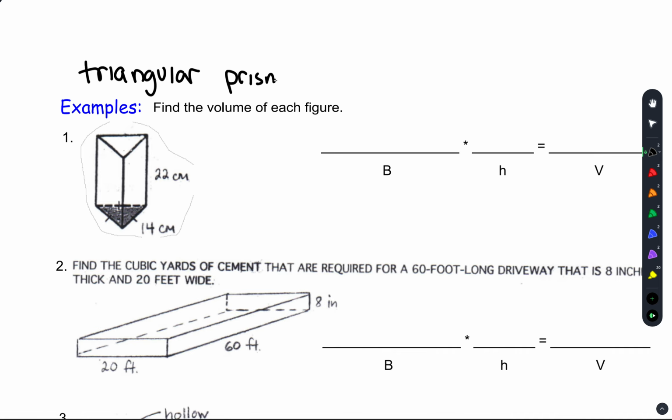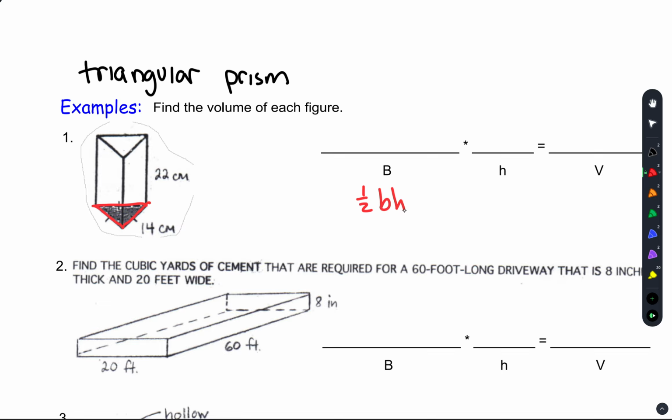So I know this is a prism, not a pyramid. Okay, so then I need to find the area of the base, that's big B, times the height of the prism. My base is a triangle here, because it's a triangular prism. And I have two formulas to find the area of a triangle. The first one works for every single triangle, 1/2 base times height.